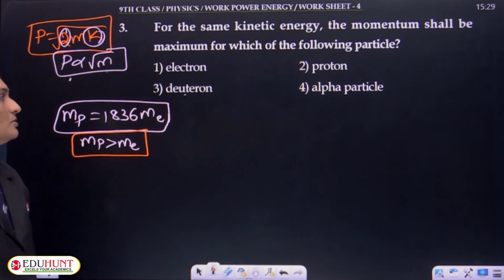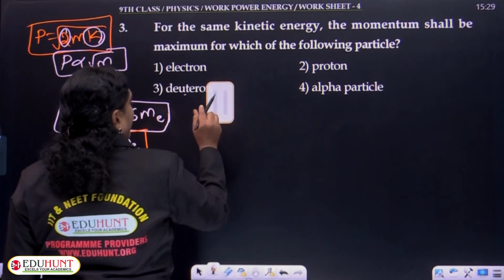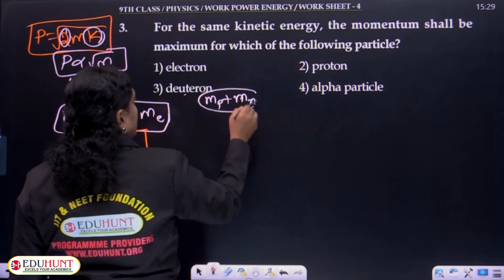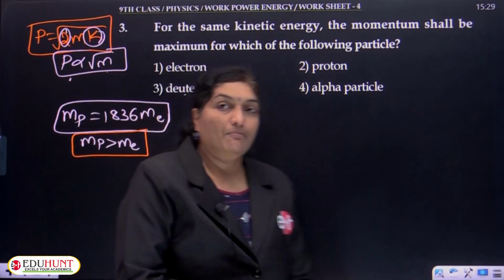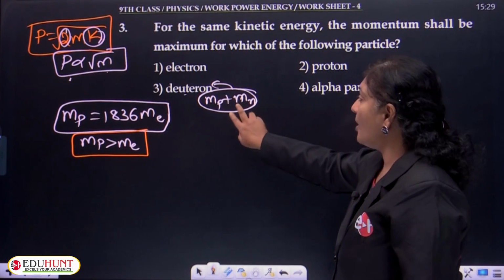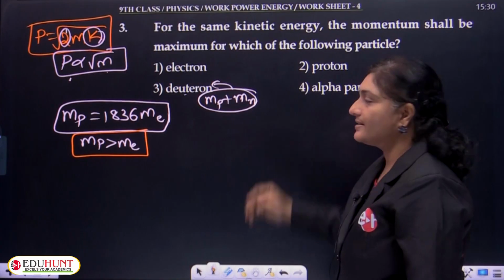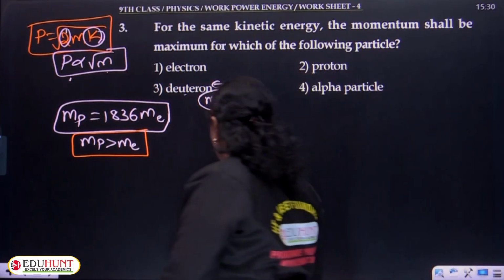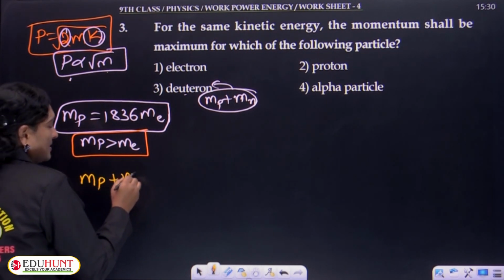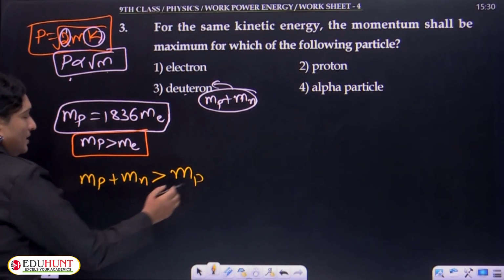What is deuterium? Deuterium is nothing but the mass of proton along with the mass of neutron together. If the mass of proton is greater than the mass of electron, no doubt the sum of the mass of proton and neutron will be greater than the mass of the proton alone. So very clearly, mass of proton plus mass of neutron is greater than the mass of the individual proton.